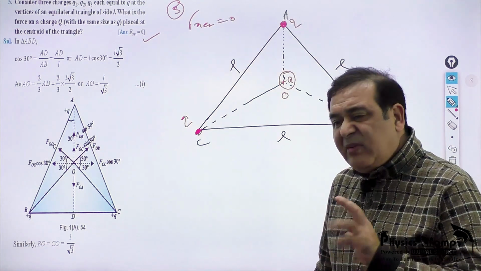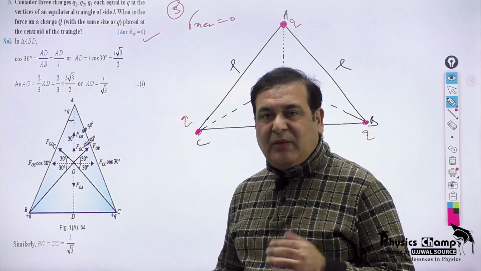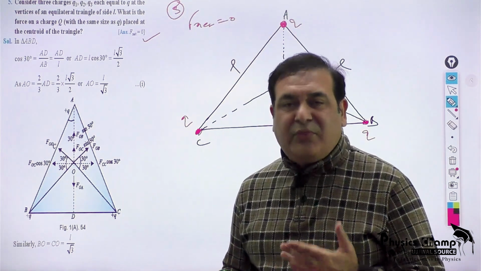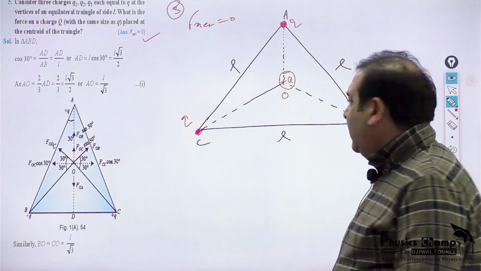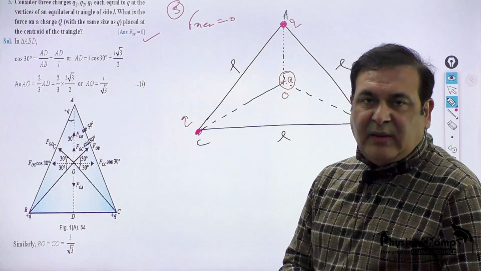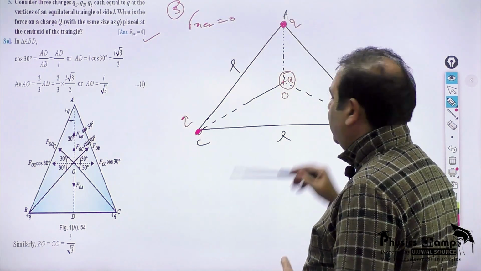But while I am discussing this question, I am going to prove something which can be useful for you for doing further questions of this kind. First, if each side of the triangle is L, how much is the distance A to O?